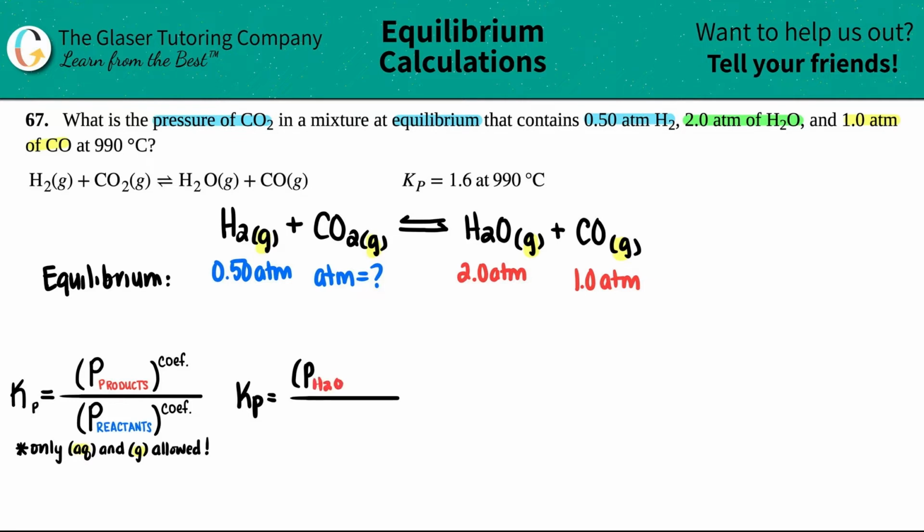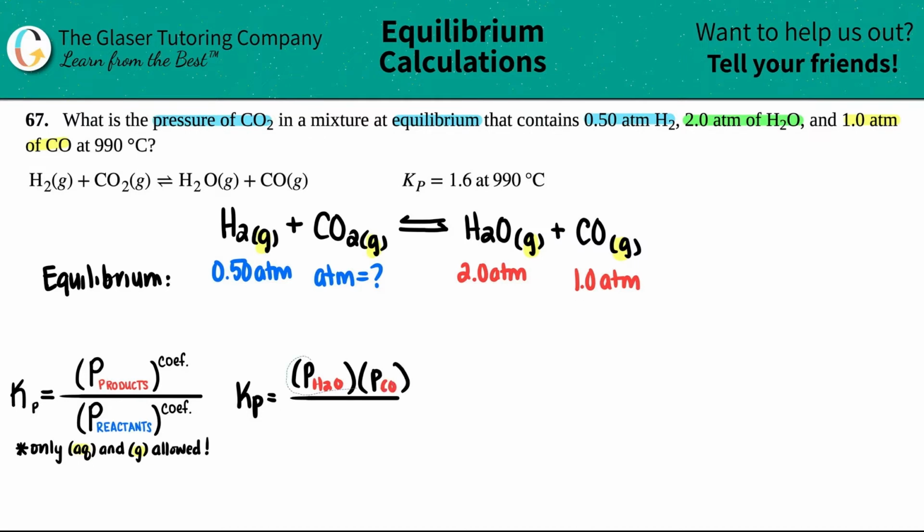Close that bracket up, and for all of them, there was no number in front, which just means that I have one of them. So for all of these, you're going to raise it to the first, or you don't have to raise it at all, because anything that's raised to the first is the same, right? So now I'm going to multiply by the pressure of the CO. That's my other product.